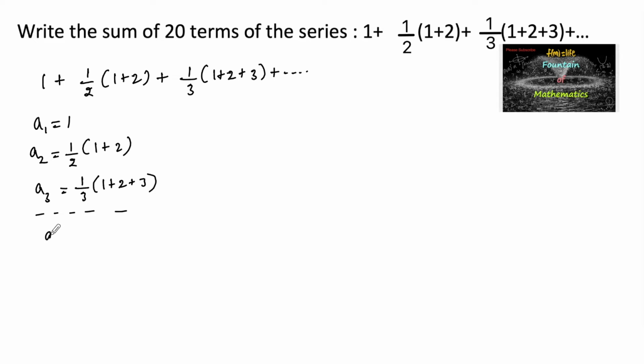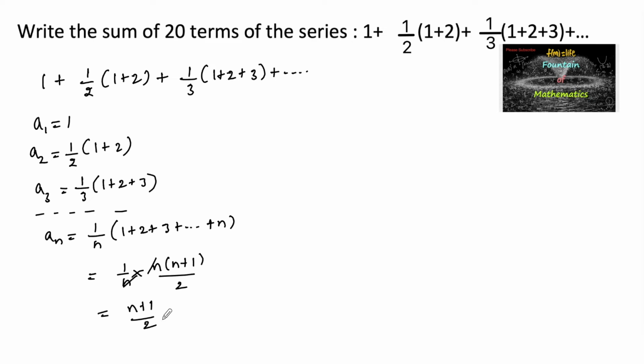Similarly, its nth term we can say an is equal to 1 by n of 1 plus 2 plus 3 plus and so on up to n, which is equal to 1 upon n into the sum of first n natural numbers, n into n plus 1 upon 2. So which is equal to n plus 1 by 2. So its nth term is given by n plus 1 by 2.